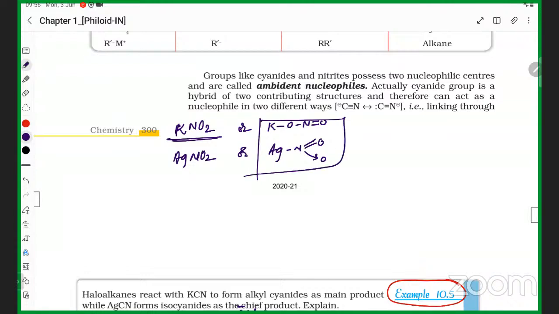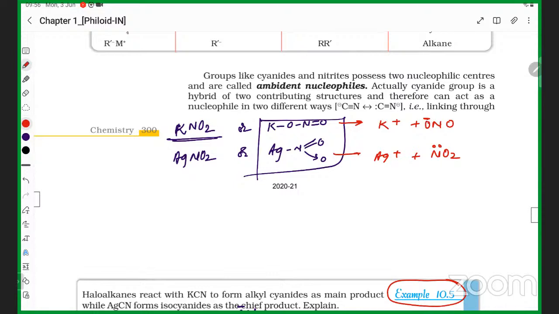Getting my point? The first one, when it is ionized, will give K plus and ONO minus. And the second one will give Ag plus and NO2 minus. So this has a lone pair.